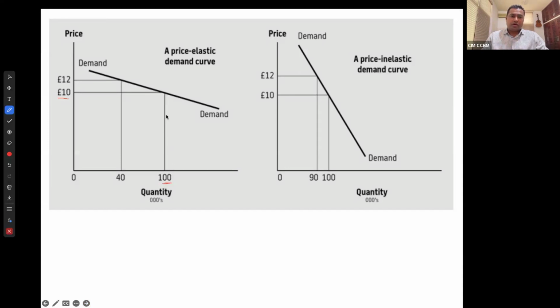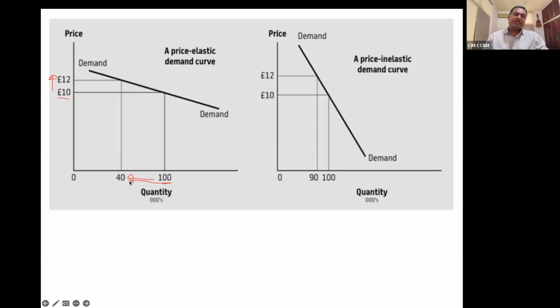But if you increase price by 2 pounds from 10 to 12, can you see there's a huge quantity drop? You only increased 2 pounds, but your quantity has dropped by more than 50%, right? It has gone from 100 to 40.